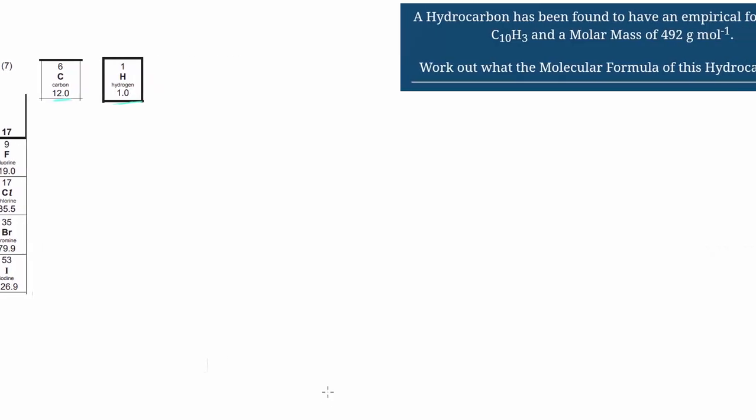For all intents and purposes, the molar mass is the same. So the molar mass, MR, of carbon is going to be 12.0 grams per mole, and the molar mass for hydrogen is going to be 1.0 grams per mole.